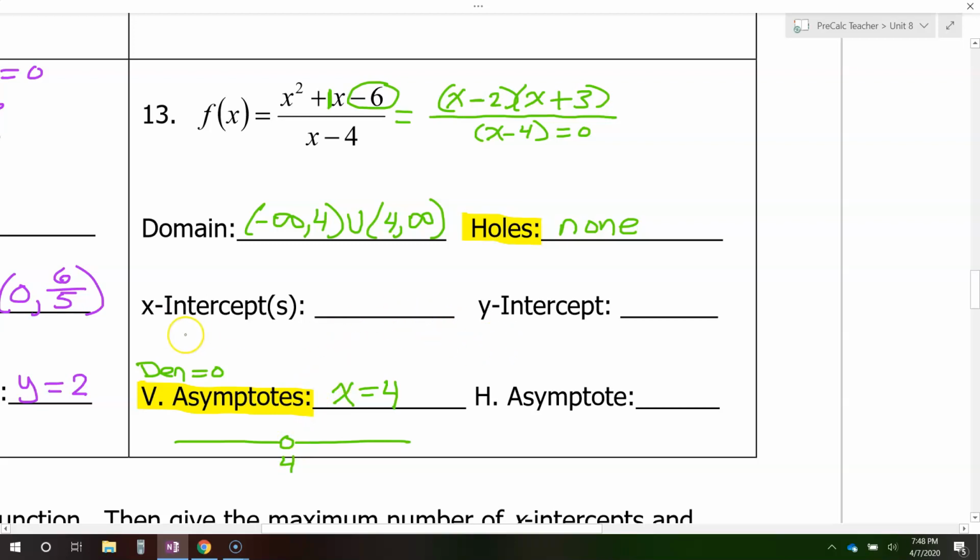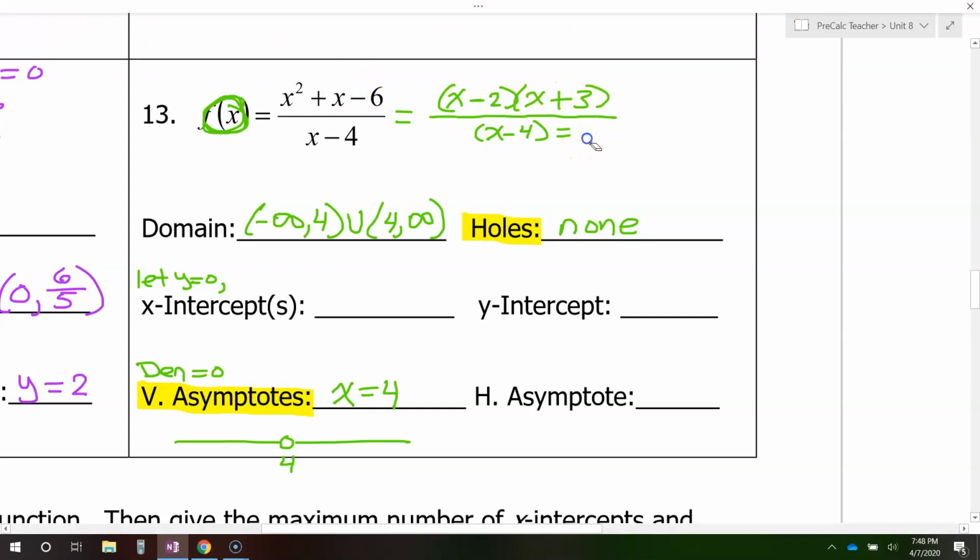Okay, let's talk about x-intercepts. For the x-intercepts, you let y equal 0. If you've got a fraction, letting y equal 0 means setting the entire function equal to 0, because f of x is y. There's only one way that the entire function can possibly equal 0, and that's if the numerator equals 0.